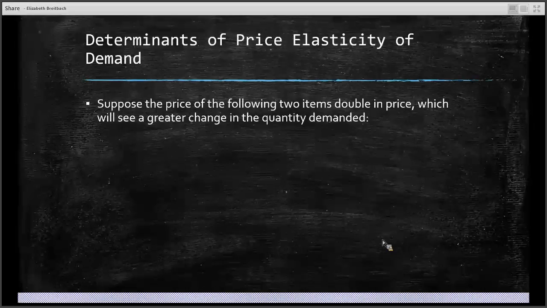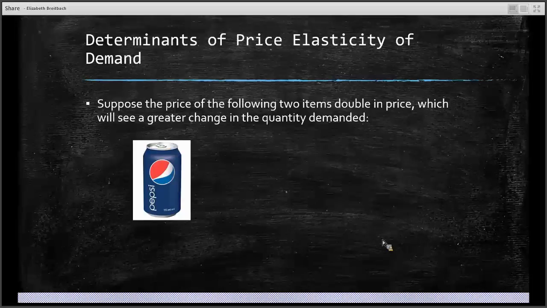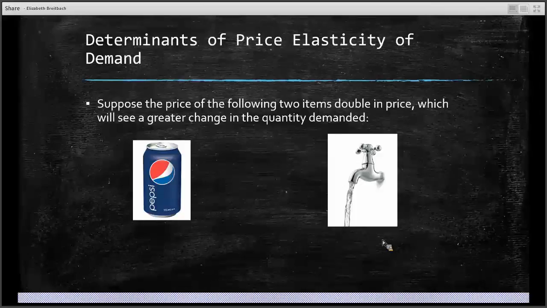So they have to be in the market. They have to want to purchase the product and also have the ability to purchase the product. All right, so let's suppose that Pepsi doubles their price for a can of pop. And also, the city of Columbia doubles the price of water.